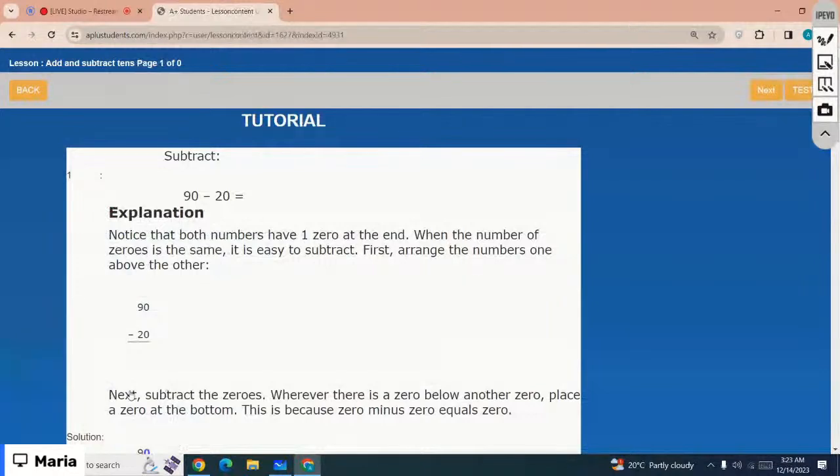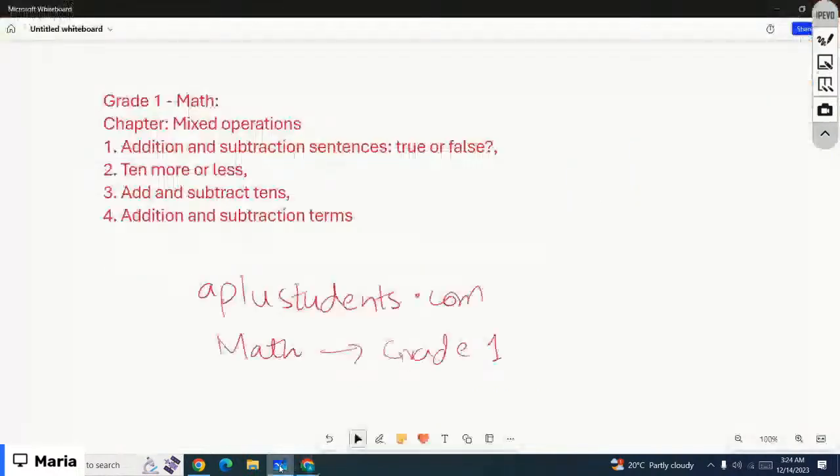You are adding or subtracting tens, right? Either you have to add or you have to subtract. For example, you have to do 90 minus 20. First of all, you need to write them one above the other, right? 90 minus 20. Start with the digits that are at the ones position, then go to the tens position.